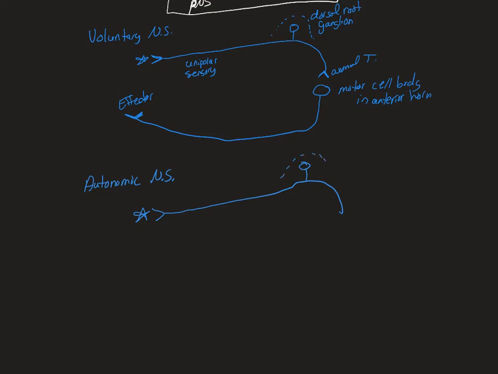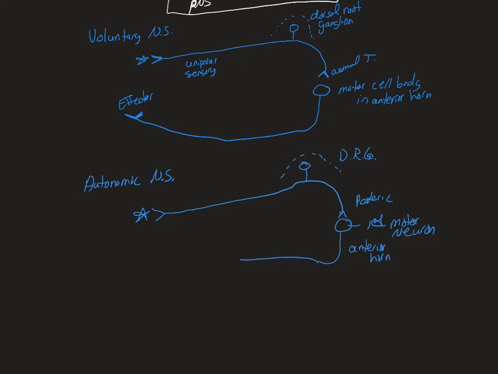Here is, I'm just going to abbreviate this DRG for dorsal root ganglion. It is now in the posterior horn, and it's going to synapse with the first motor neuron, all right? That's going to leave through the anterior horn into the ventral root, all right, and then out into a spinal nerve.